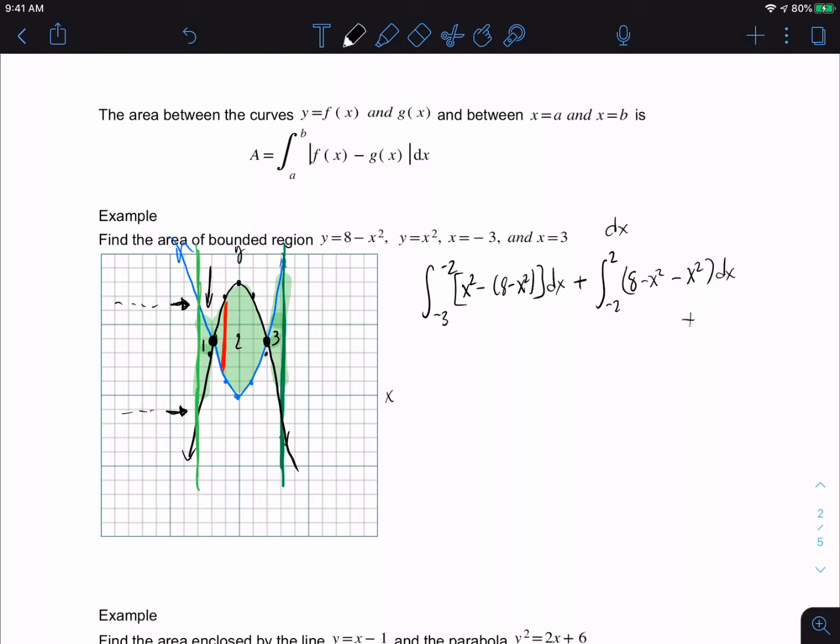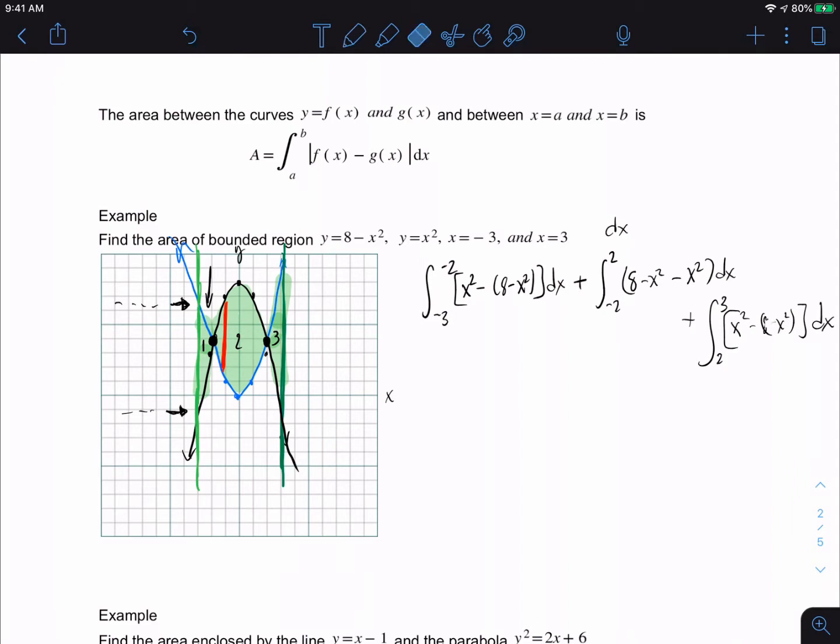And then our last one is going to be the integral from where to where? Isn't it from 2 to 3? And then again we swap, so we have x squared minus 8 minus x squared, that whole thing dx.